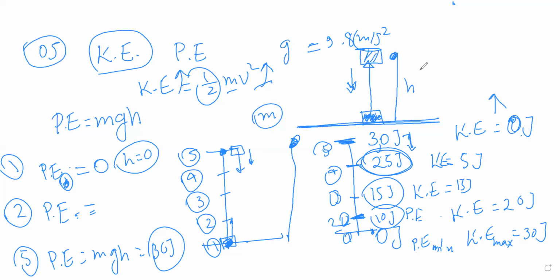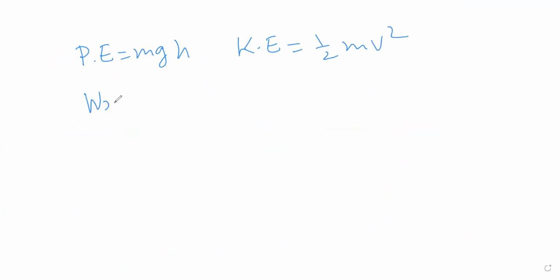What we need to remember: potential energy equals mgh and kinetic energy equals half m v square. And we know another term, work done, or delta W. Work done is the change in kinetic energy.